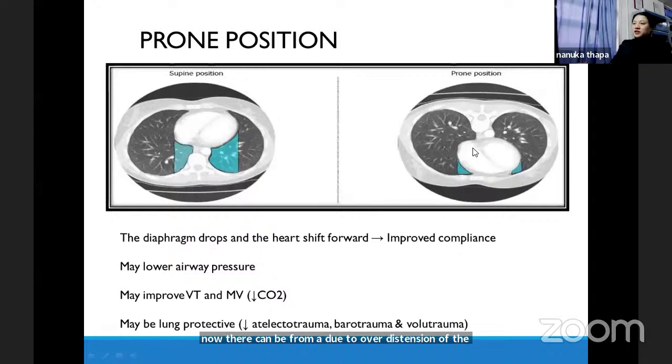In prone position, because the ventral part is getting compressed, the over distension is limited. Also, the already collapsed alveoli require more pressure to open up, and that can cause atelectrauma. So with prone position, there can be recruitment of alveoli and reduction in ventilator-induced lung injuries.